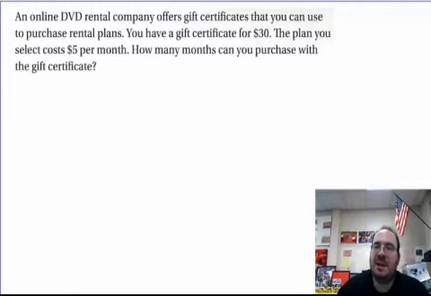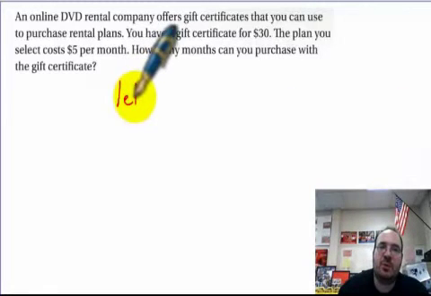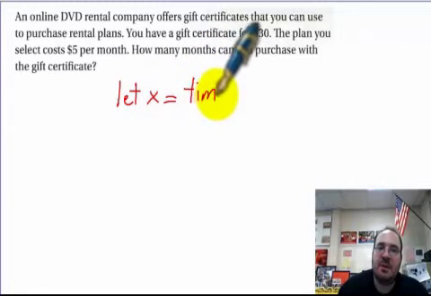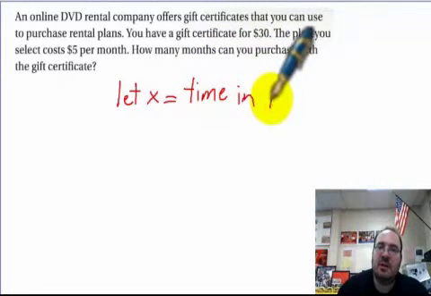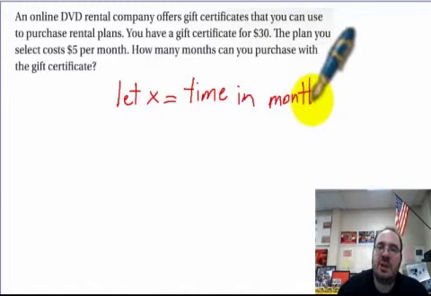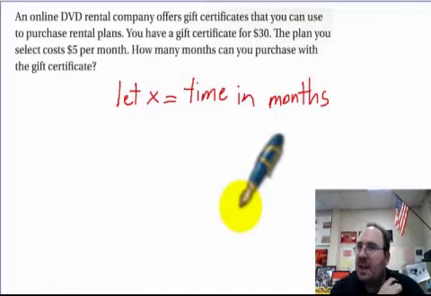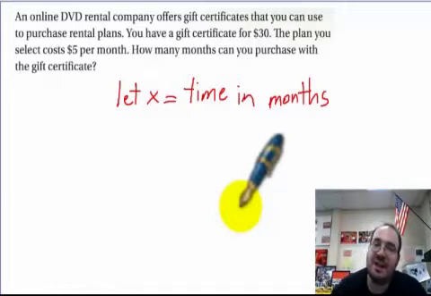Well, let's let x equal the number of months, because quite often x will be time. Not always, but usually that's a good choice to make, because time is usually the thing that you want to see as time changes. How does the other quantity change?